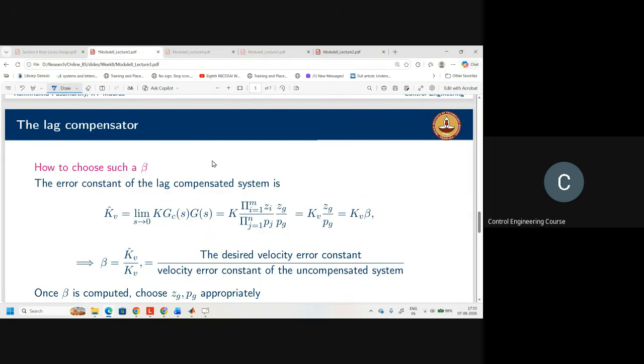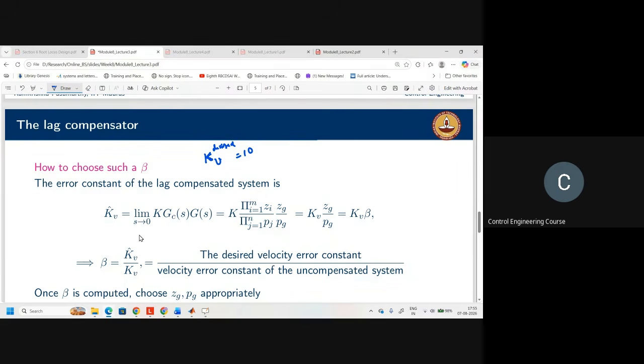The system will have, for example, Kv as the steady state error constant. So this is what is required and desired. The desired Kv in this case is greater than 10, something they have given, right? And also what is the Kv for the already given system.